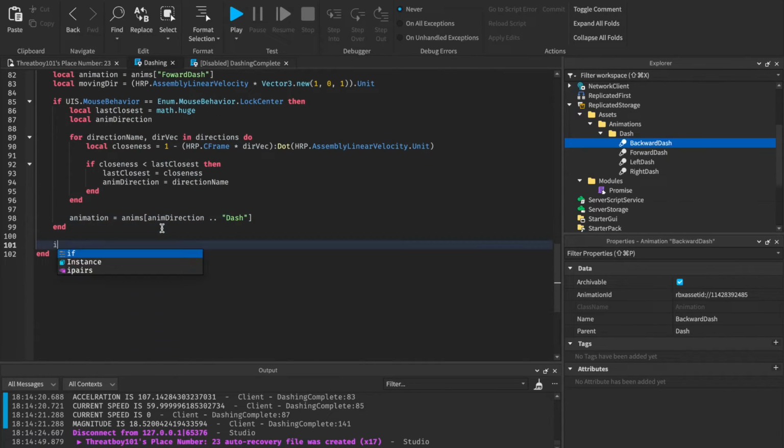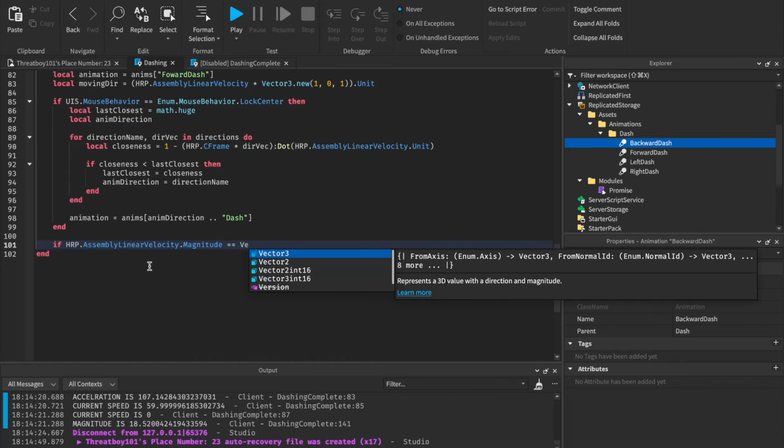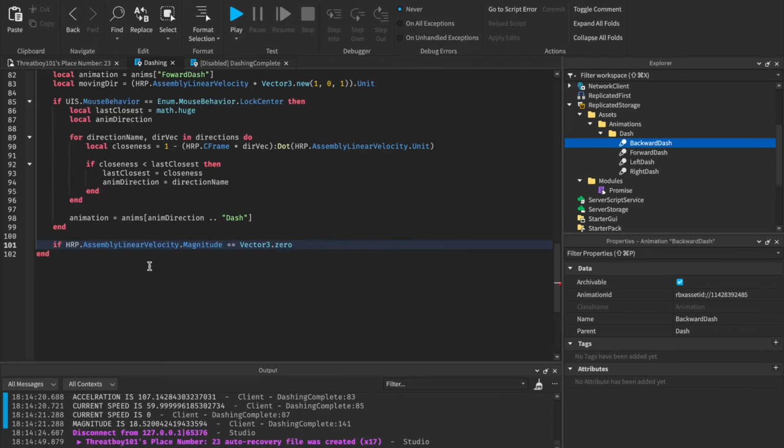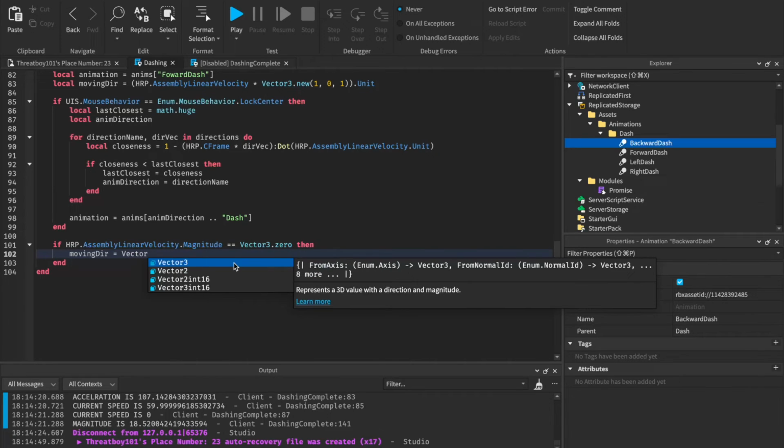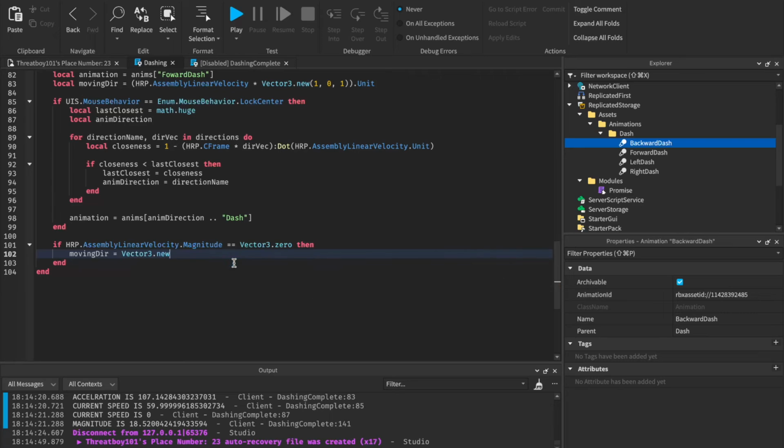Okay. Otherwise, if we're not moving, and we want to set our move direction to be, because we want to roll backwards, if you recall.